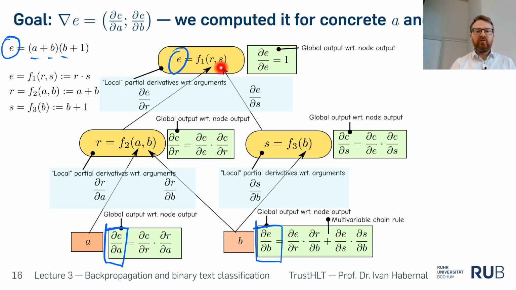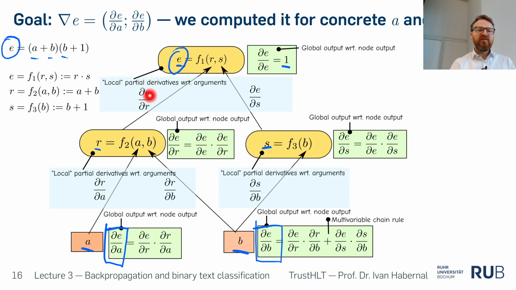And now we have an algorithm to compute its partial derivatives. Because A and B are values, real numbers, 1 or 2, something. Then we can compute the value of R, the value of S, and the value of E. So we have all these outputs. Good. Then we know this derivative is 1.